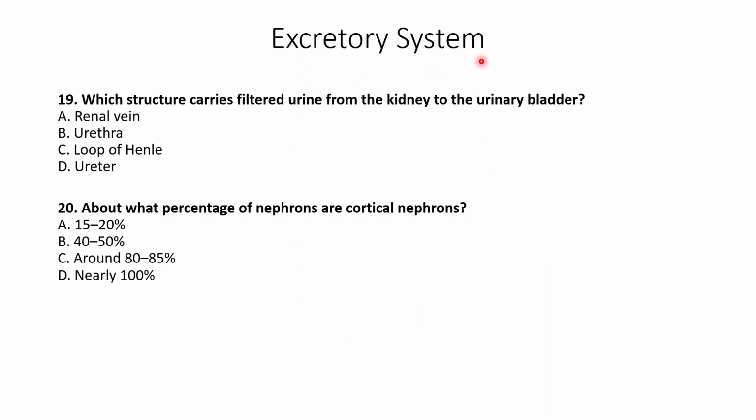If the loop of Henle is, imagine, a U shape, right? The descending loop, the one that's coming down on the left, is permeable to water, while the ascending loop going up is impermeable to water but pumps a whole bunch of sodium chloride out. And this is what creates what is called a countercurrent multiplication system.